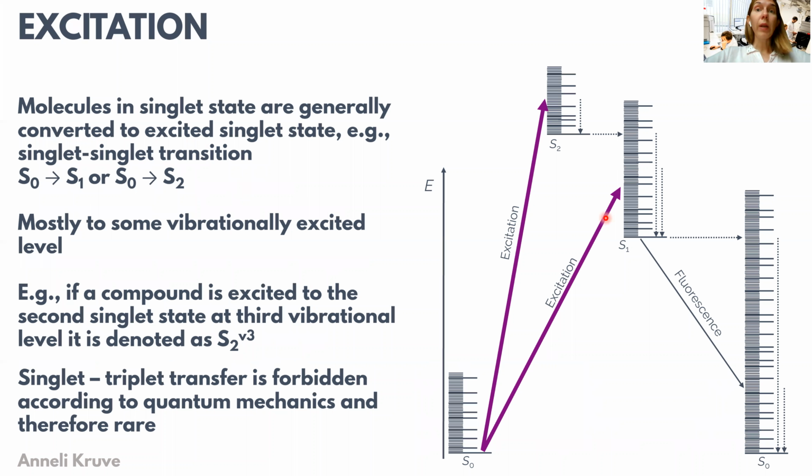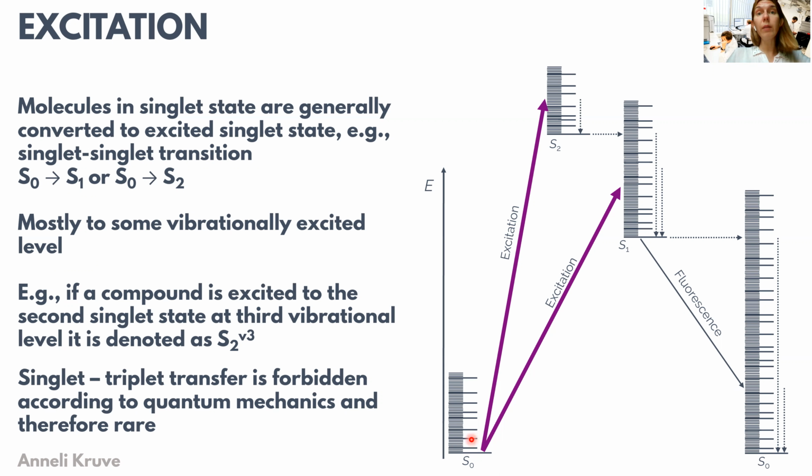So let's see what happens on a molecular level when we are carrying out the excitation. At room temperature, most of the molecules are in the ground state, and they are vibrationally and rotationally not excited. They are sitting on the ground state level, which we call S0, and their vibrational level is usually also V0, denoting that vibrational excitation has not happened.